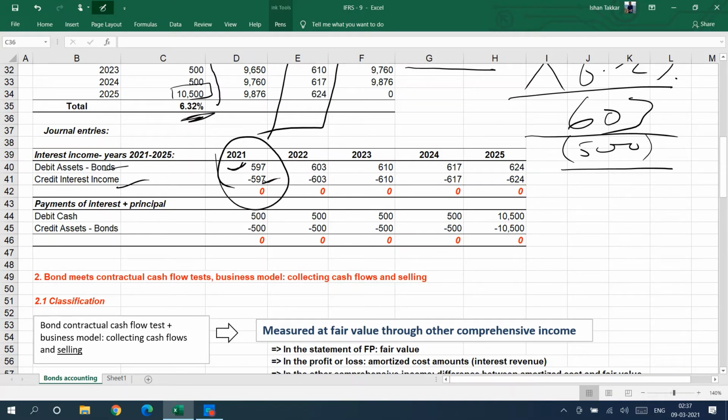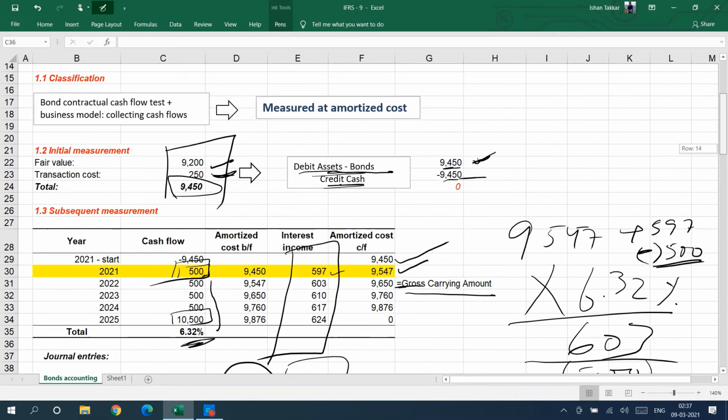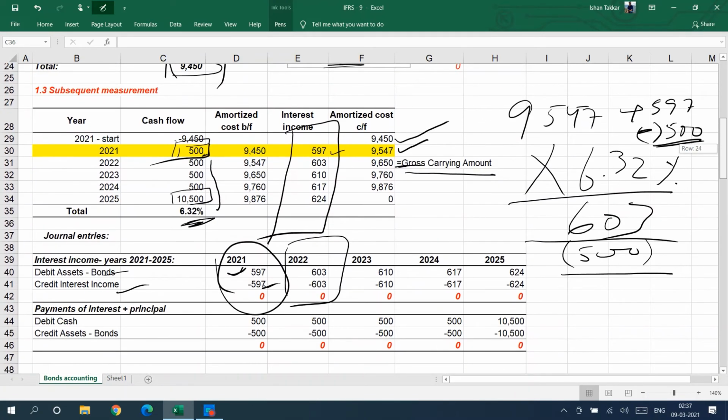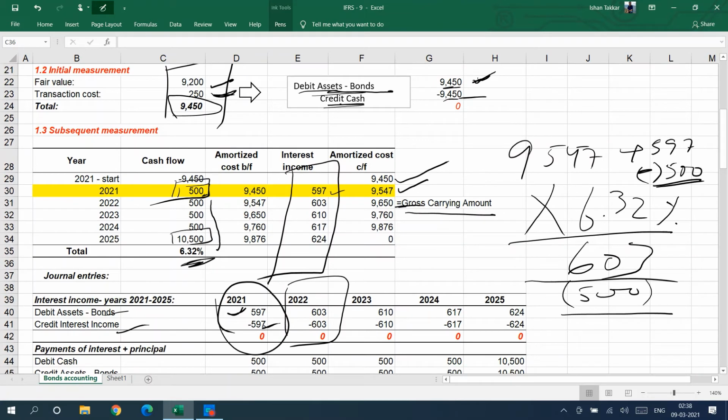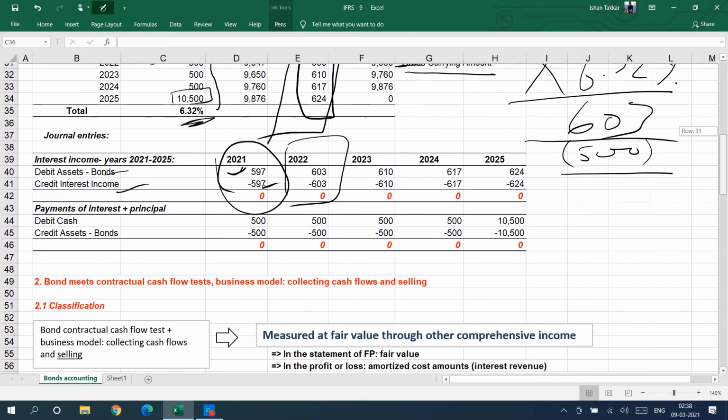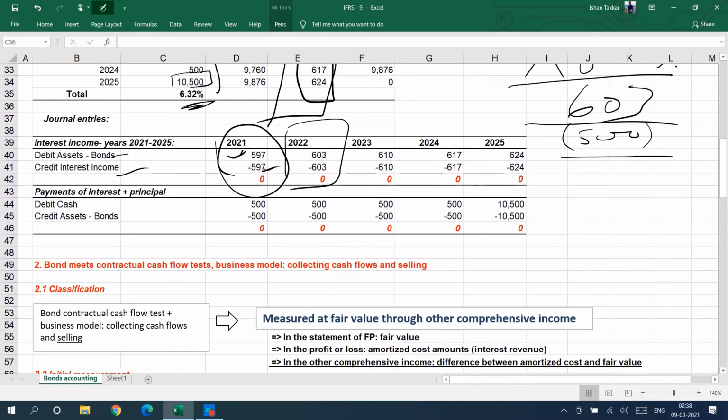Whatever goes by the above chart for each year, you will pass this entry: investment in bond account debit, interest income credit. We will go by this calculation. So each year you will show this. These are your journal entries.